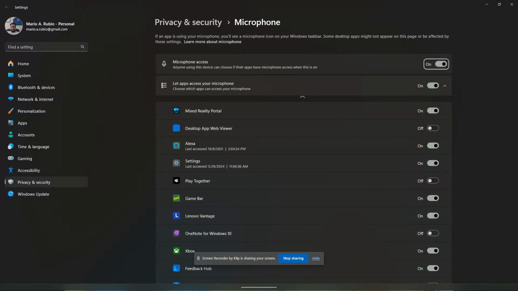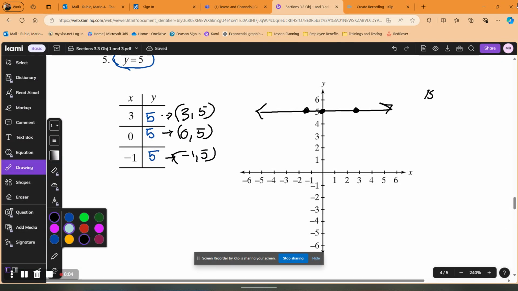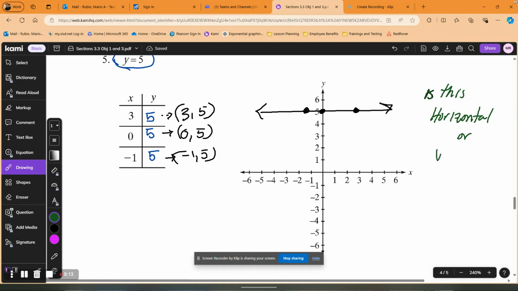Oh, wow, they're all at 5. And when I connect the dots, I get a straight line. Now, is this going left or right or up and down? Is this horizontal or vertical? You tell me.